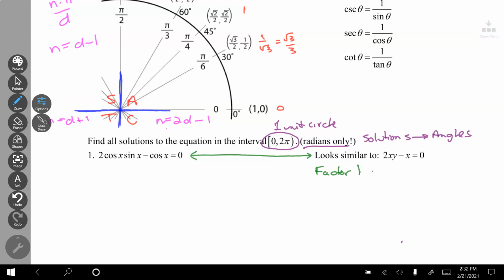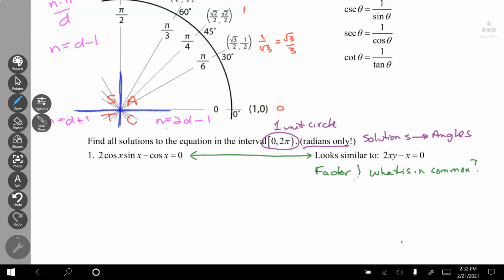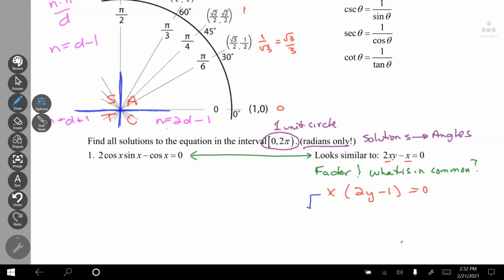I want to see what is in common. How can I make it easier on myself? Well, what do I see in common? There's an x in both of these terms. So I take an x out, I have 2y minus 1 is equal to 0. And I can solve. I can set this equal to 0. I can set this equal to 0.